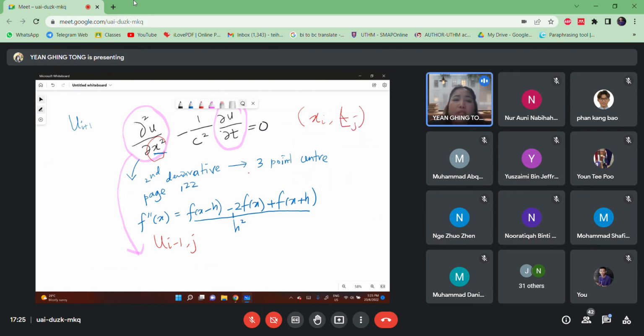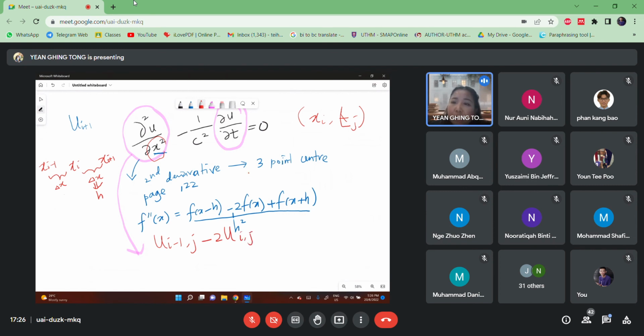So that means for xi, we will have xi minus 1 in front of it, and xi plus 1 behind. So this is a step size, and this step size, where for the x, the step size we will use the symbol h. So here minus 2 u i j.